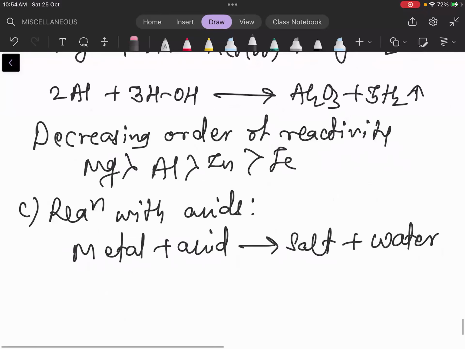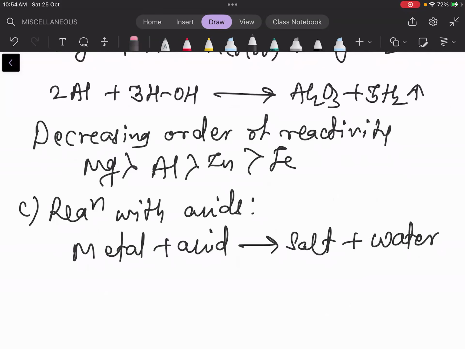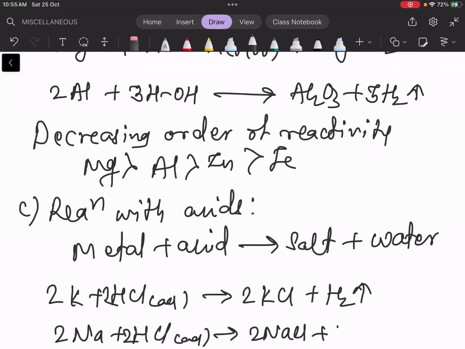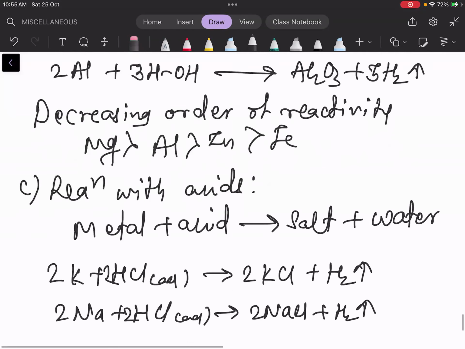For example, potassium combines with aqueous hydrochloric acid forming 2KCl, potassium chloride as a salt, and hydrogen is given out. Similarly, 2Na combined with 2 molecules of HCl forms 2NaCl plus H2 gas.